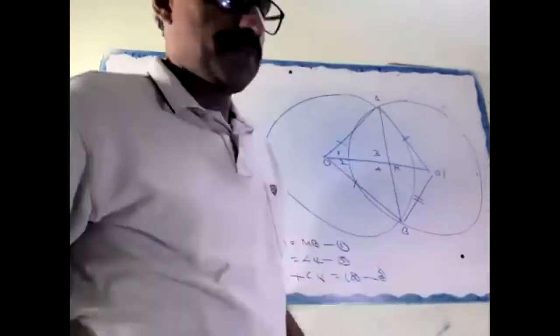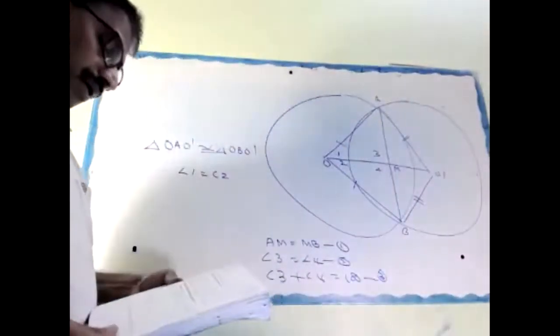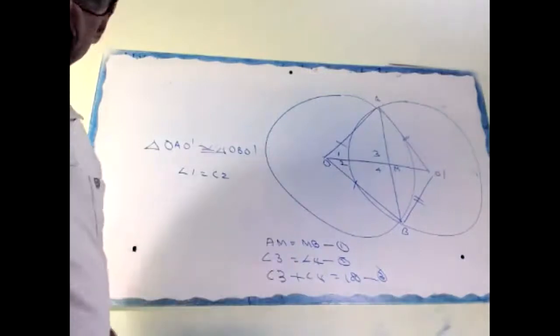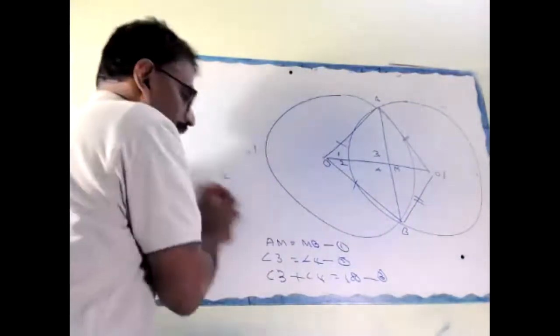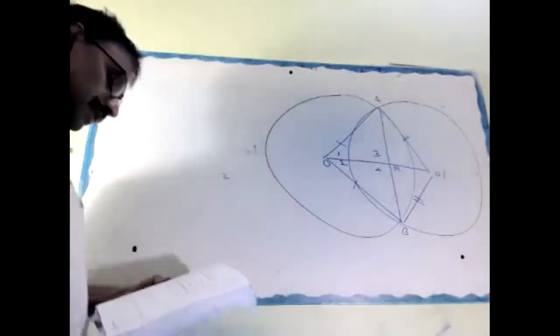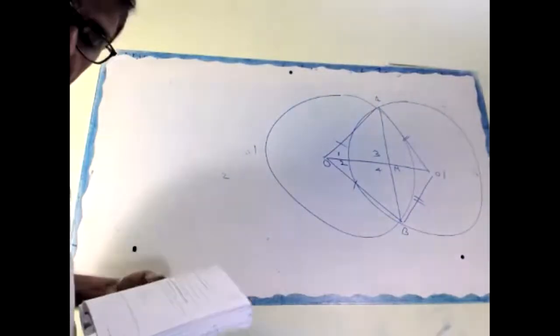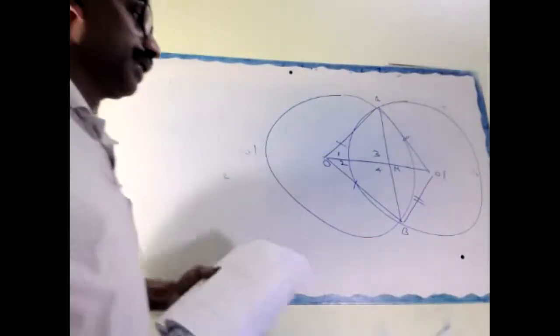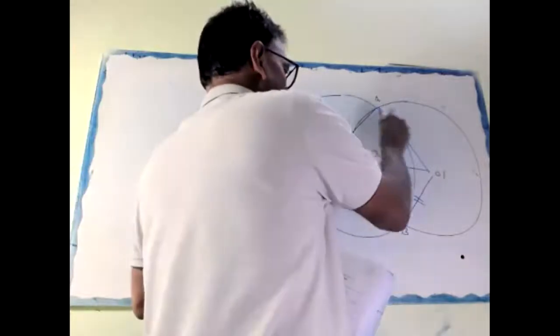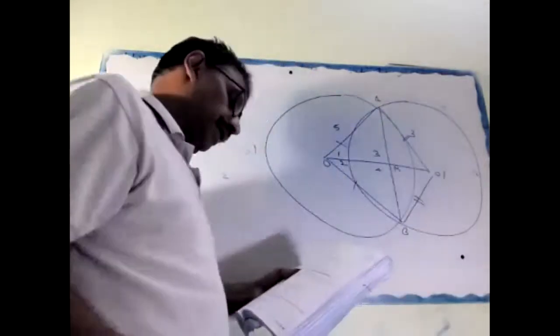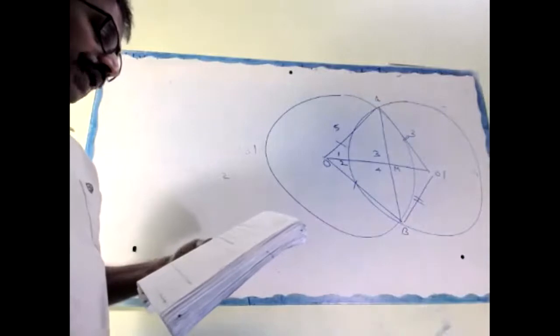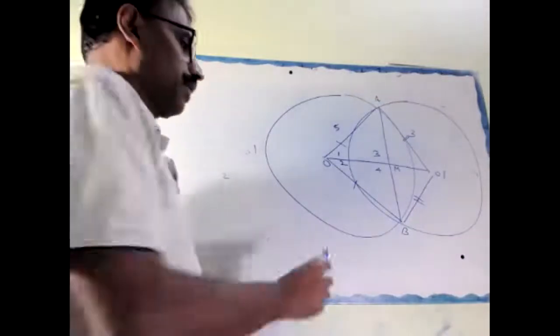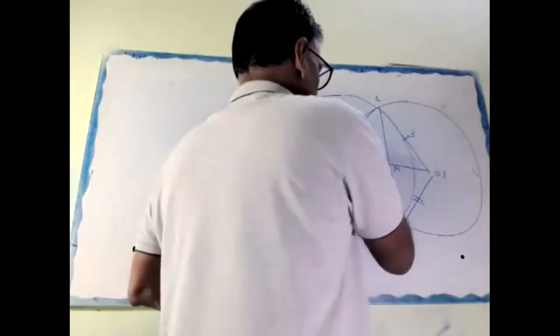The question is what? Two circles of radii 5 centimeter and 3 centimeter intersect at 2 points, and the distance between the centers is 4.